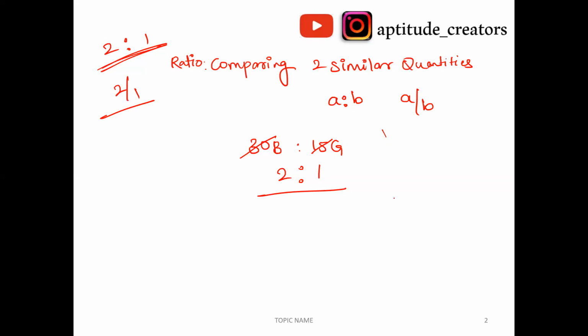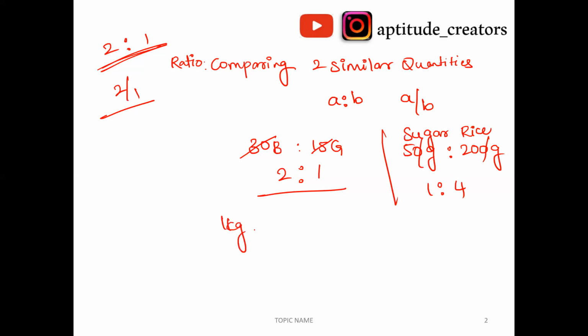Similarly, 50 grams of sugar and 200 grams of rice. What is the ratio of sugar to that of rice? We can say 1:4. Similarly, 1 kg rice and 500 grams of sugar.